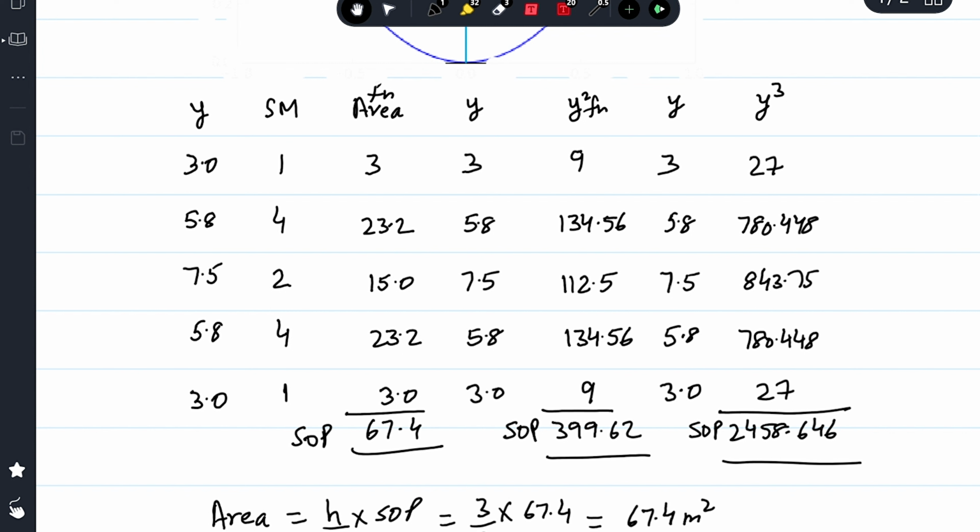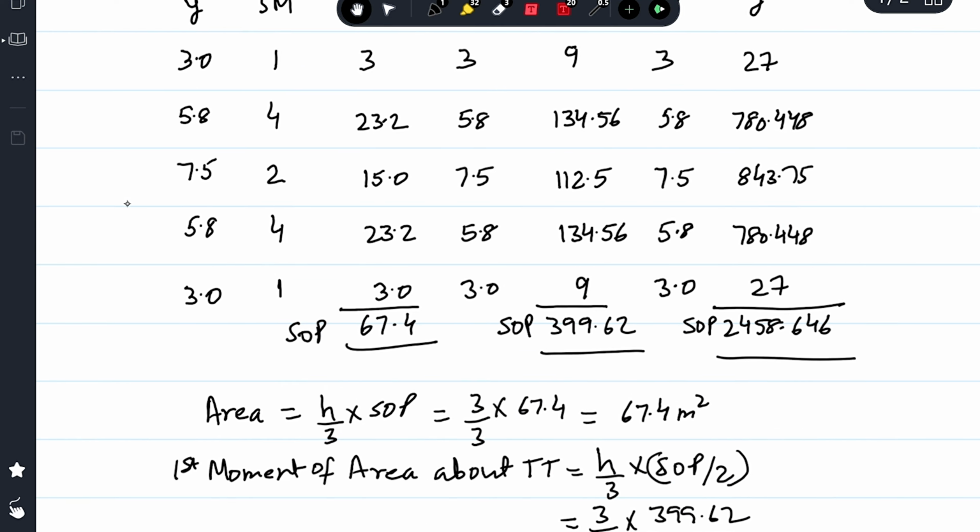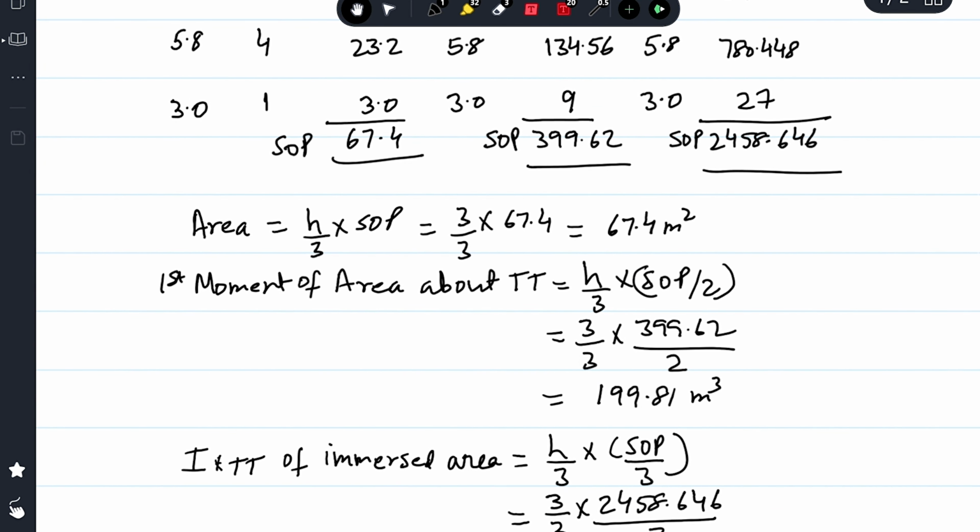And don't forget that the y square sum must be divided by 2. The moment of area function must be divided by 2 when we are using the formula, and the y cube function, the SOP, must be divided by 3 later on while we are finding the moment of inertia. SOP must be divided by 3.